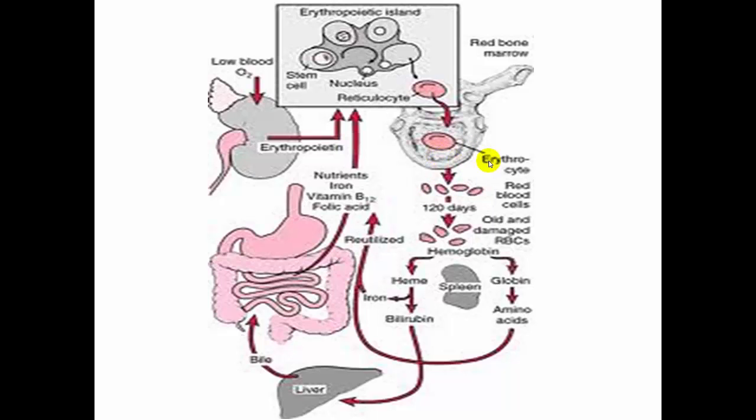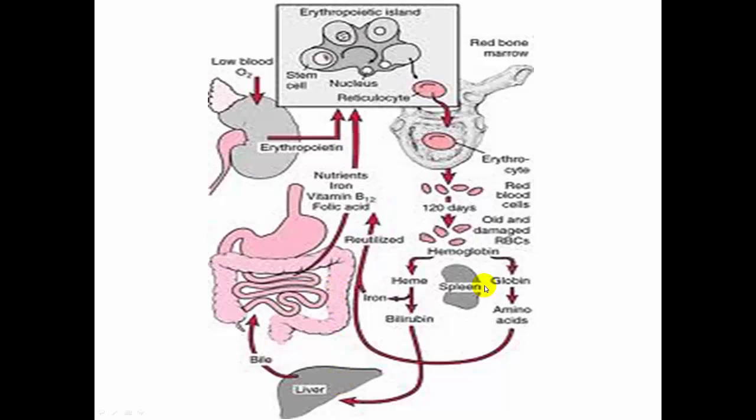So this picture is specific for red blood cells. It gives you a little bit of information about red blood cells, such as the normal red blood cell has a lifespan of 120 days. Well, what happens to the red blood cell after that 120 days? Well, it's removed, it's broken down in the liver or the spleen.